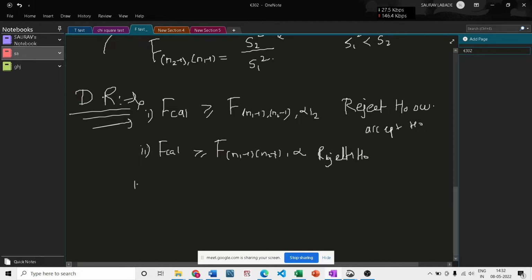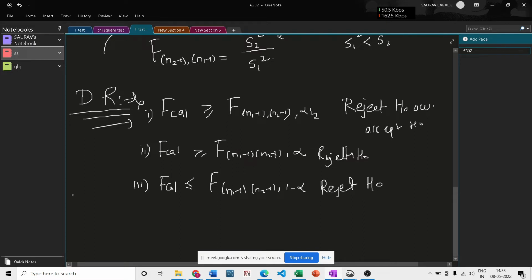And what is the third? If your F calculated value is less than or equal to minus F. What is the meaning of minus F? It means F(n1 minus 1, n2 minus 1, 1 minus alpha). Then also I will reject H naught.